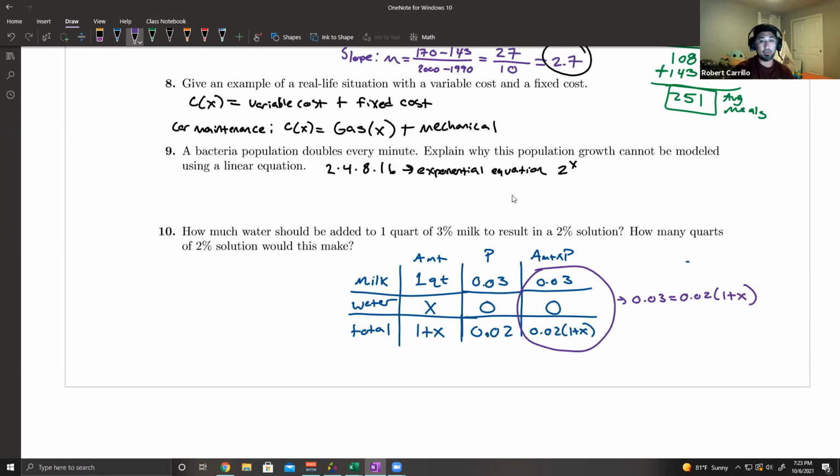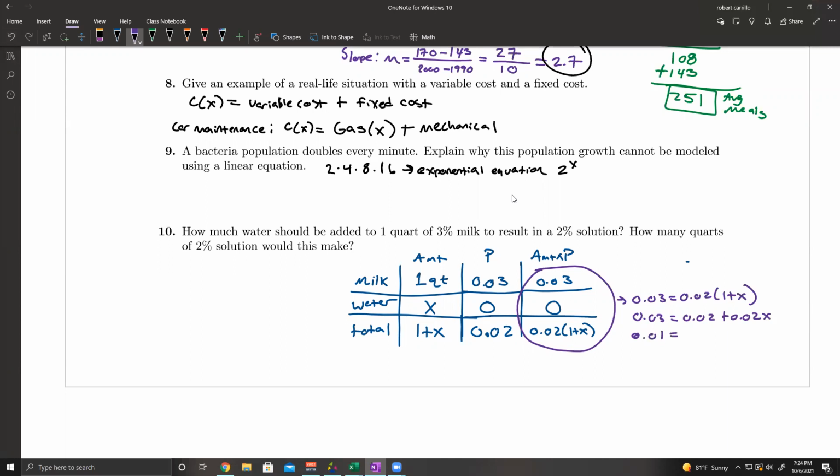So the first thing we're going to do is, what could we do? We'll distribute. Let's do that. That'll be easier to look at. 0.02 times 1 is 0.02 plus 0.02x. And then subtract that to the left side. That's going to be 3 cents minus 2 cents, which gives me what? 1 cent. 1 cent equal to 0.02x.